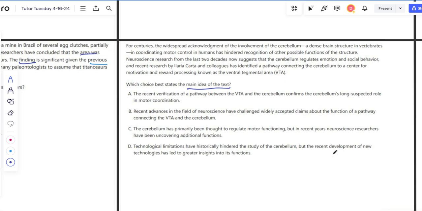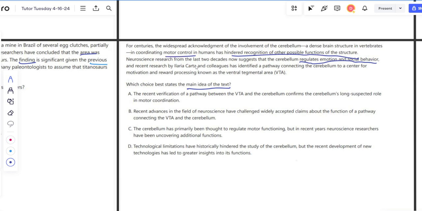Let's see. The main idea, so I like to summarize these before I answer. It looks to me like there's acknowledgement of the cerebellum and its involvement in motor control. But scientists have rarely studied its other features, and now we're looking at recent research and we see it's also involved in emotion and social behavior.